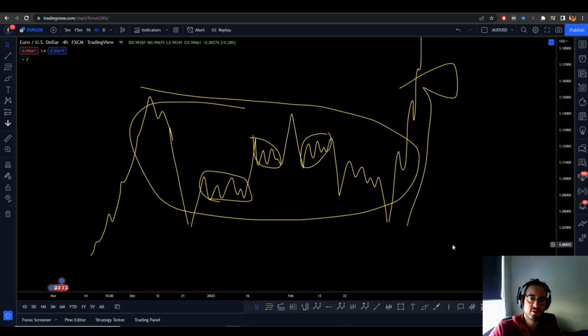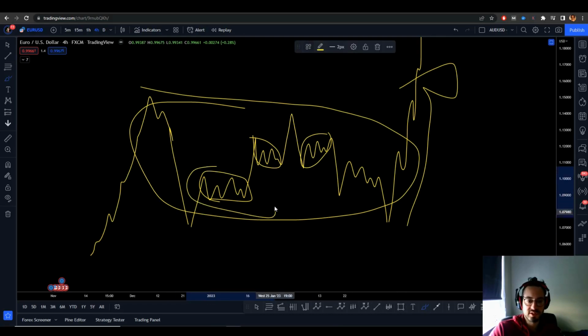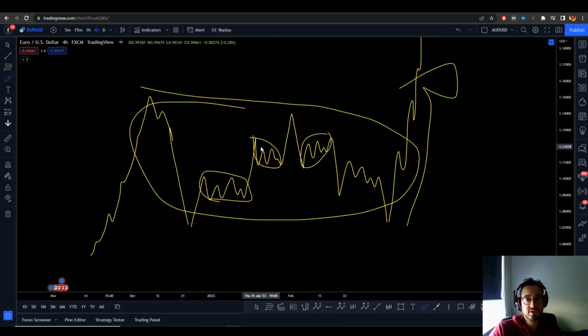Let's continue on. The next step to understand is what you can gain from these consolidations and corrections. If there's something to gain, it's that this is either an accumulation or a distribution. And this is where patterns come into the picture.